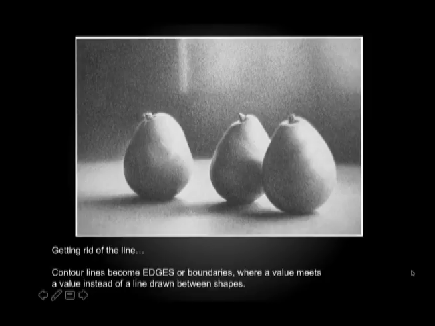Atmospheric perspective requires us to get rid of the line. We have to be able to treat edges differently, and that means that we can't stroke them in Illustrator. We need to establish where one shape ends and another shape starts by a value change so that we can show crisp edges in some places, soft edges in some places, lost and found contours in some places.